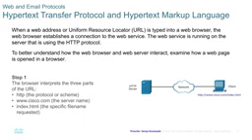To better understand how the web browser and web server interact, let's examine how a web page is opened in a browser. In this example, we are using the website www.cisco.com. On the web browser, the browser interprets three parts of the URL. The HTTP part, which defines the protocol or the scheme.